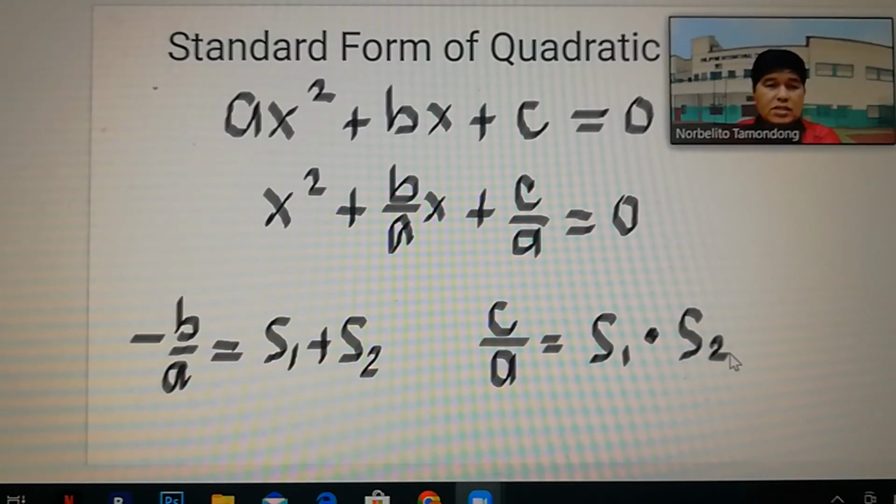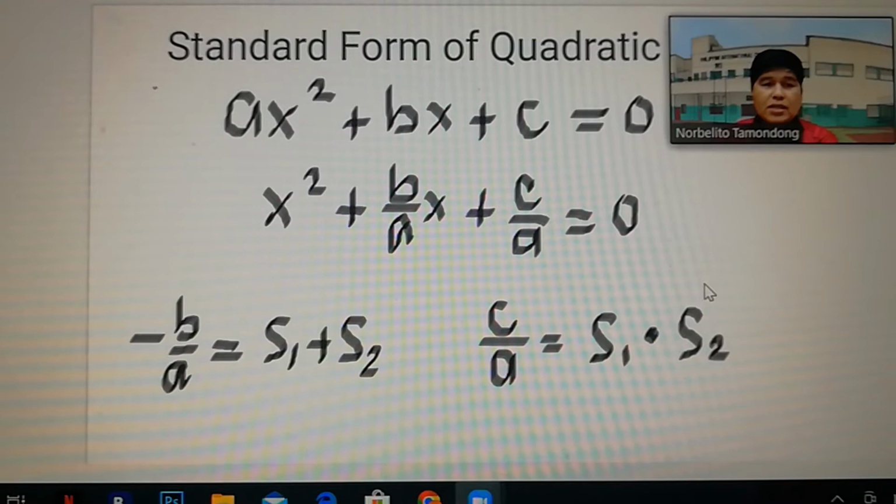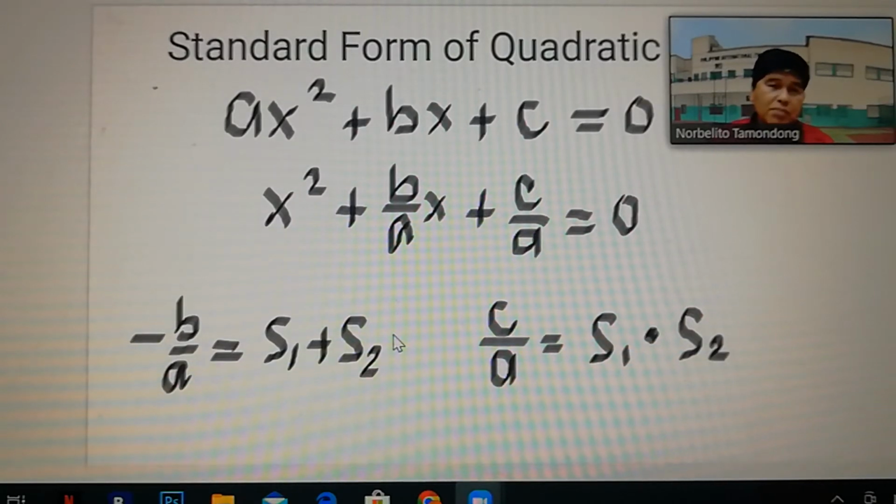Next, we know that the sum of the roots is simply negative b over a. So if we already know negative b over a, just get the opposite. The opposite of negative b over a is simply b over a. The other one is that the product of the roots is simply c over a.